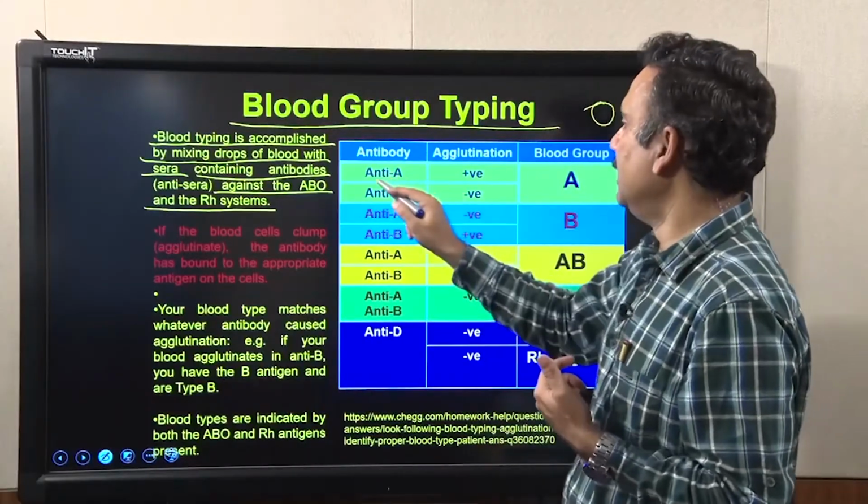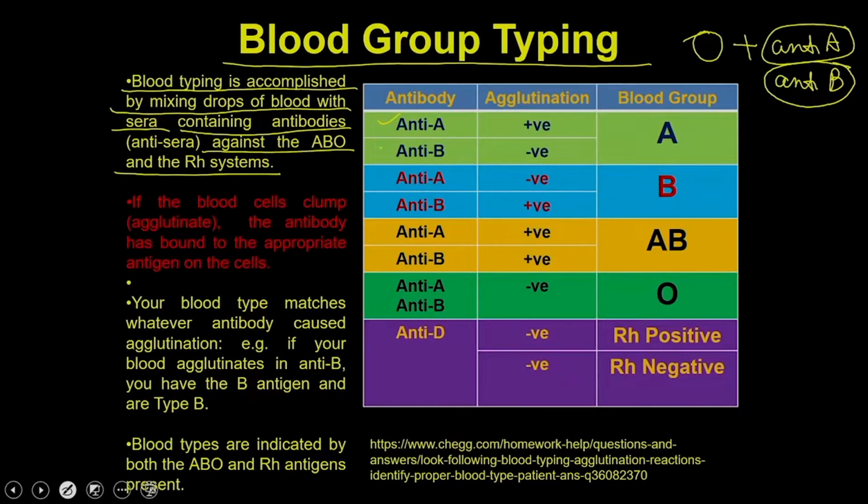If there is a positive agglutination reaction with the anti-A antibody, but a negative agglutination reaction with the anti-B antibody, then the blood group is A. Similarly, if the agglutination reaction is negative for anti-A but positive for anti-B, then you have the B blood group.